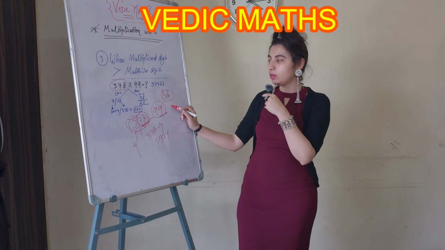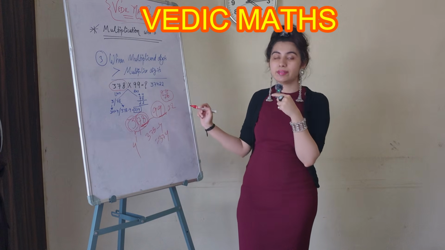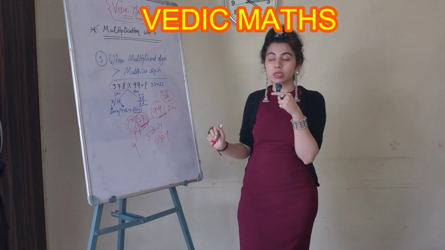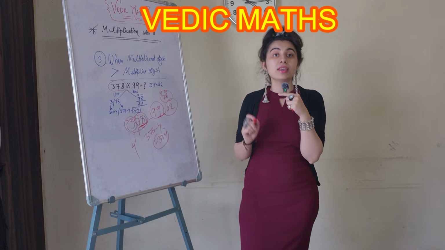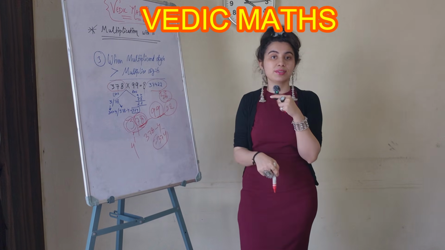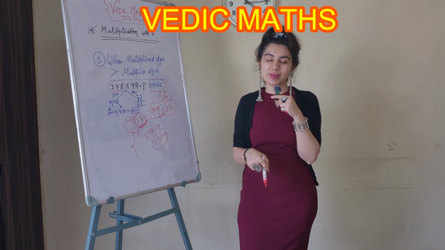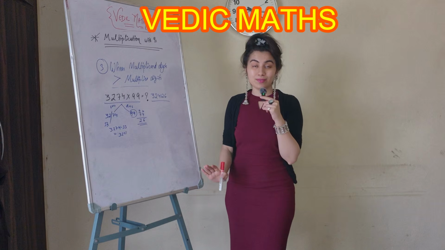So the answer is 22. Combine both of these and the answer you get is 37422. That's the answer. Tricky one? We'll take another question, so let's take up another example to clear your confusions.